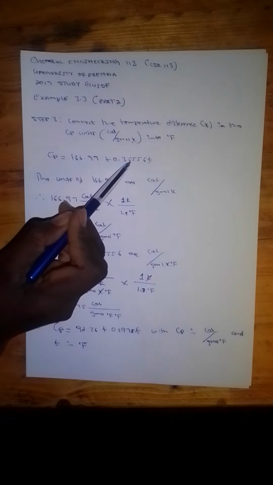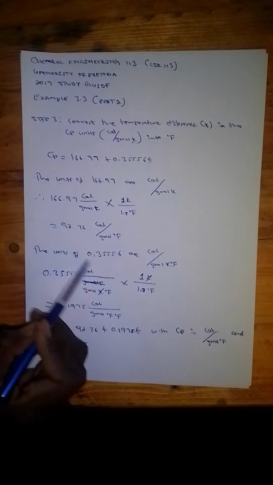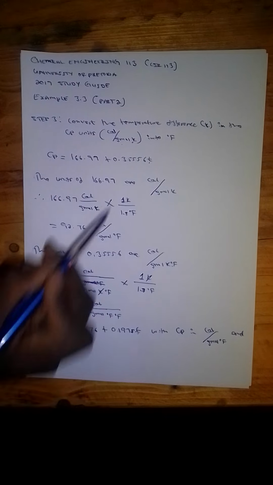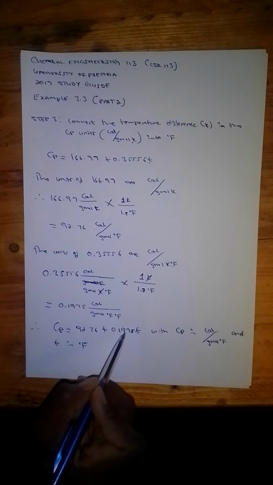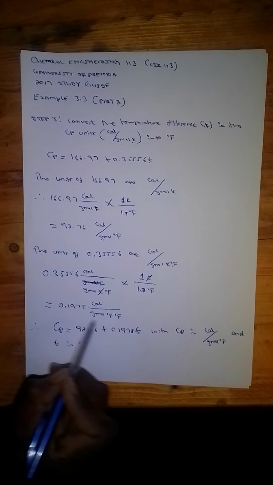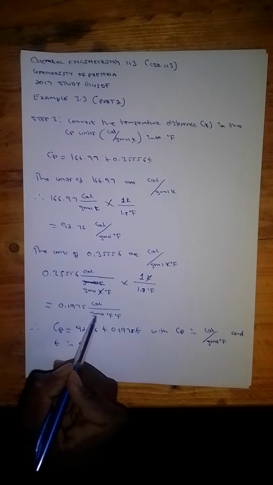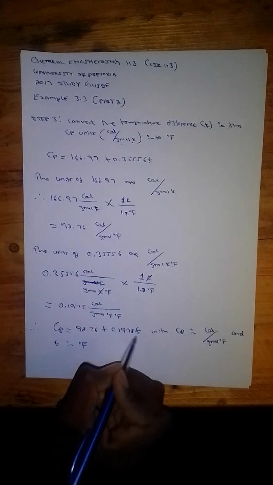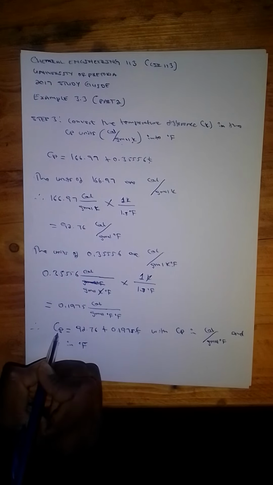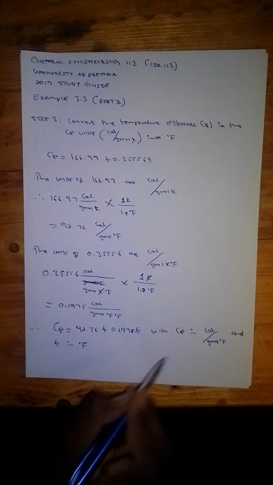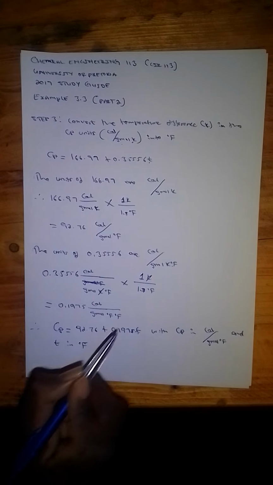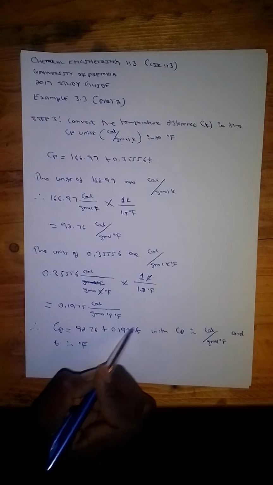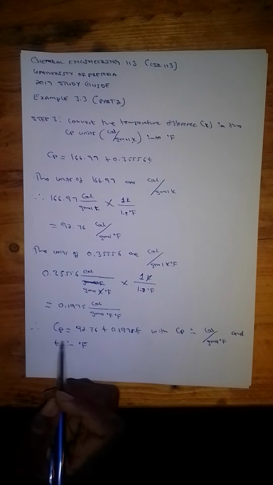Remember that the units of this value, like we did here, are calorie, gram mole, degrees Fahrenheit. But because there's a T here, when you calculate the CP value you're going to come with a temperature in degrees Fahrenheit, and as you plug it in, the degrees Fahrenheit underneath will fall off.